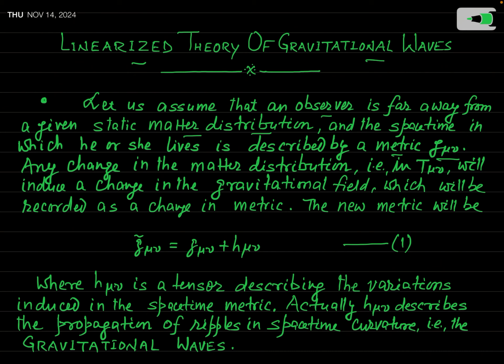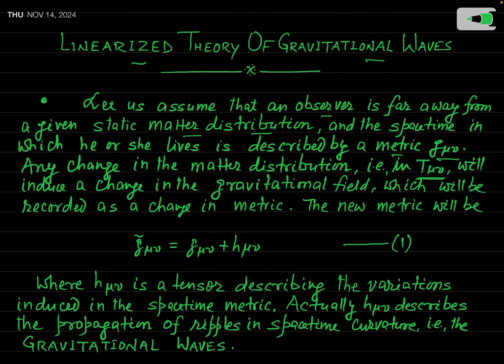This T mu nu is called the energy momentum tensor, or the material energy tensor. So due to the external perturbation, there will be a change in the distribution of mass or matter, and that will lead to a change in this material energy tensor.